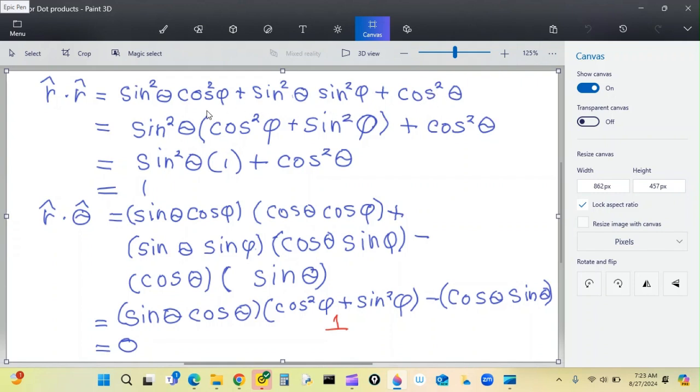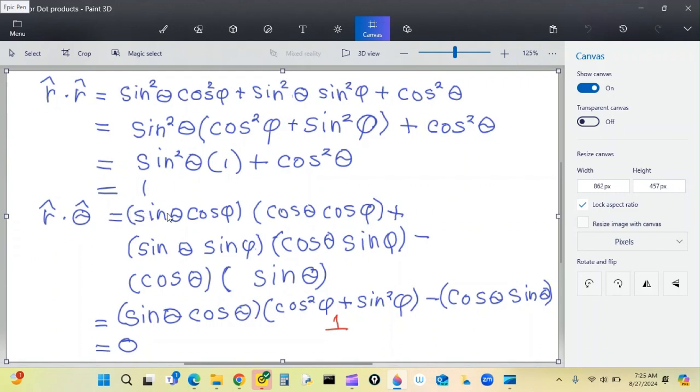If you look at this, you can factor out a sine squared out of both of these terms. That gives us cosine squared plus sine squared theta. That is equal to 1. And then if that's 1, then we have sine squared plus cosine squared. That's equal to 1.